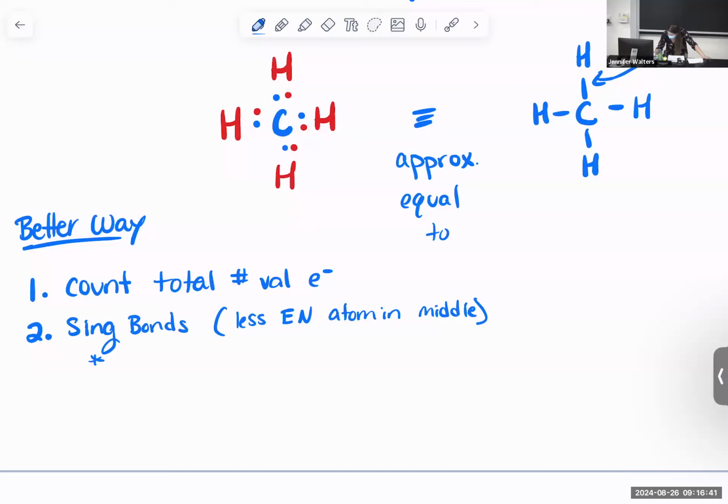Remember that hydrogen must be on the outside, the terminal position, because hydrogen can only make one bond, so it can't be in the middle. So you do single bonds between all of the atoms. Then you total up your valence electrons.